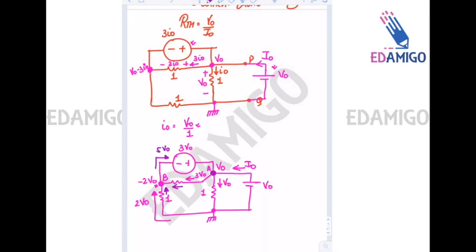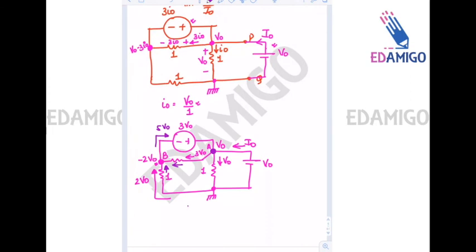At node A, the incoming current is I0 and the incoming current is 5V0, the outgoing current is V0, and the outgoing current is 3V0. So we can see I0 is equal to minus V0.